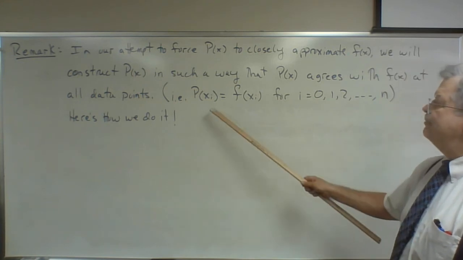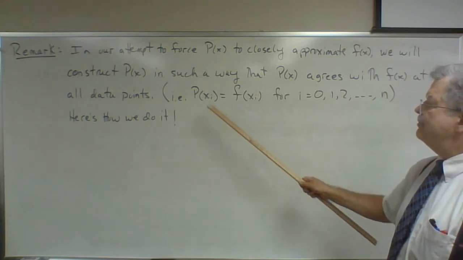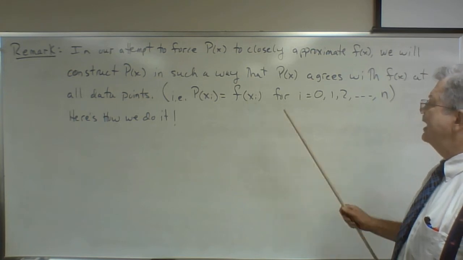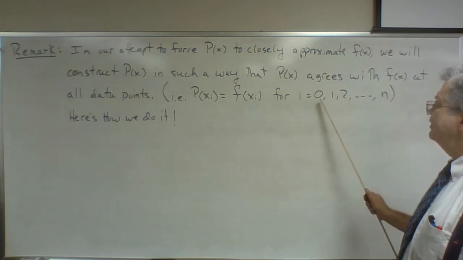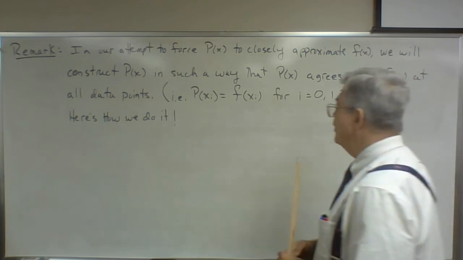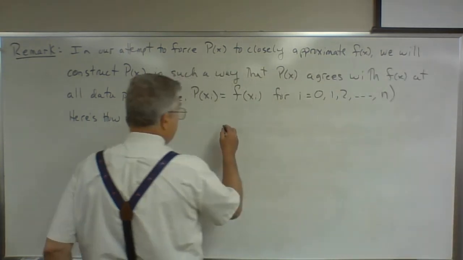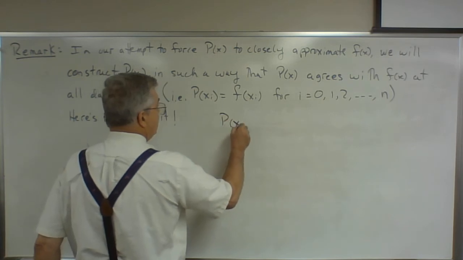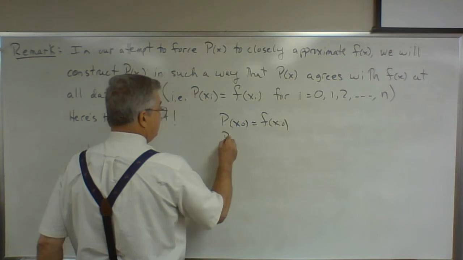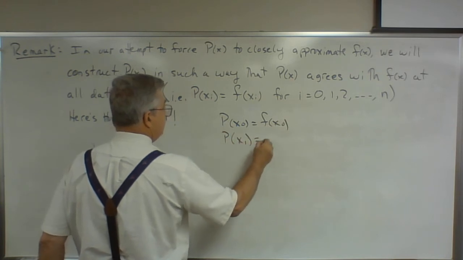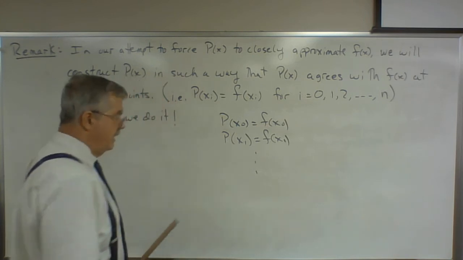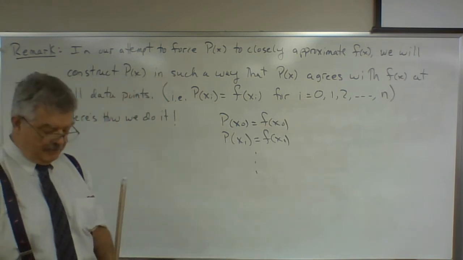So in other words, p evaluated at x of i equals f evaluated at x of i for i equals 0, 1, 2, 3, all the way up to n. Or said differently, like we had written before, p of x naught equals f of x naught, p of x1 equals f of x1, and so forth and so on.